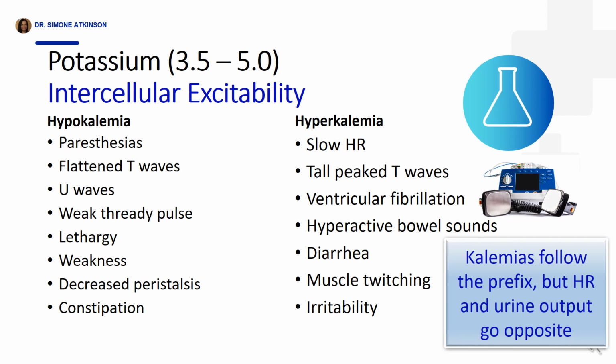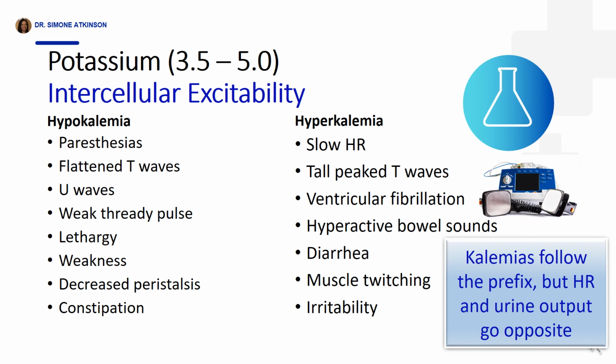The client will also experience a weak, thready pulse. The cells are not excited, and the client could exhibit signs of lethargy and weakness and decreased peristalsis that can lead to constipation.